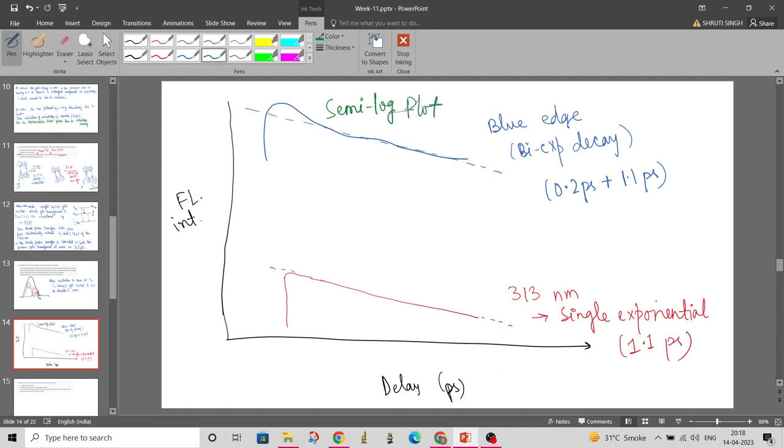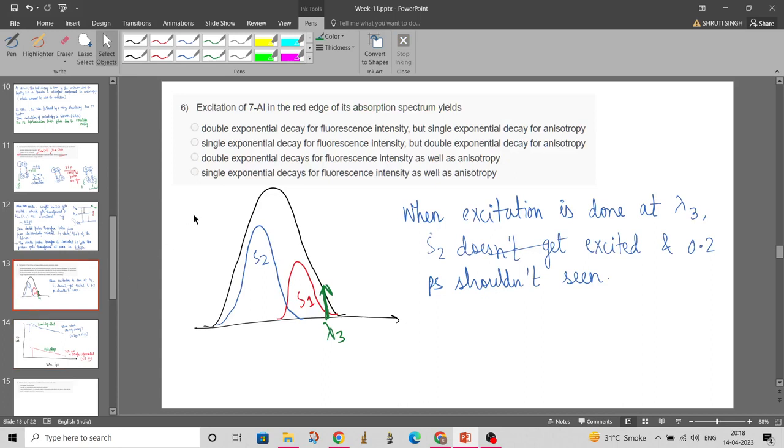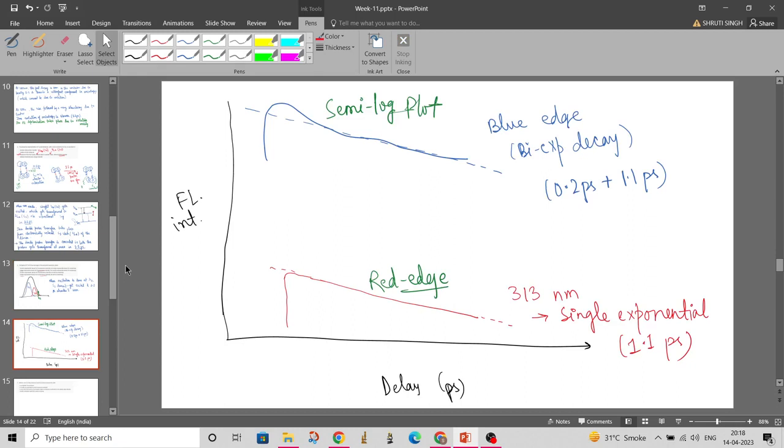So we see in the red edge, the fluorescence intensity is single exponential. So it could be either option B or D according to the fluorescence intensity being single exponential. But let's see how is the anisotropy decay in the red edge.